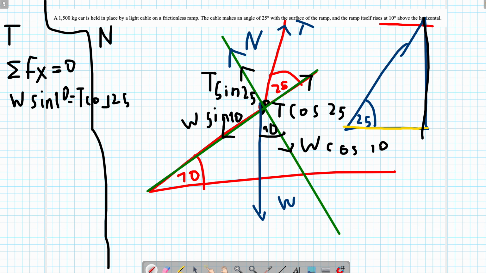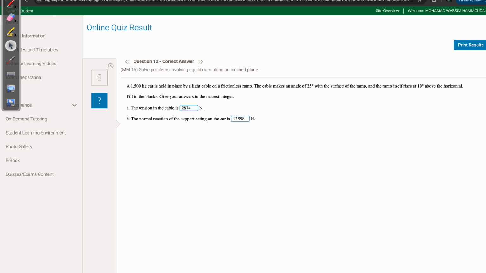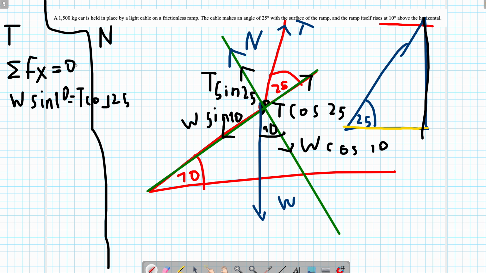The weight is mg, so mass times g, which we'll take as 10. So 15,000.